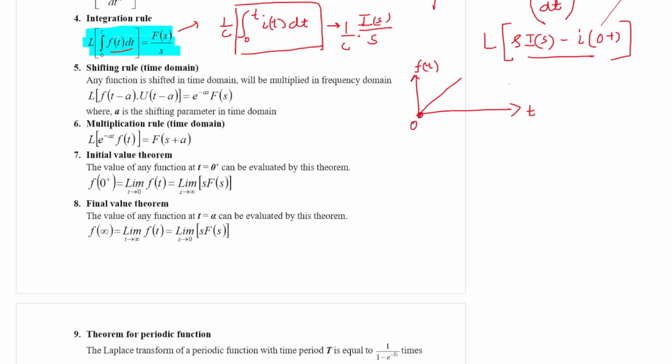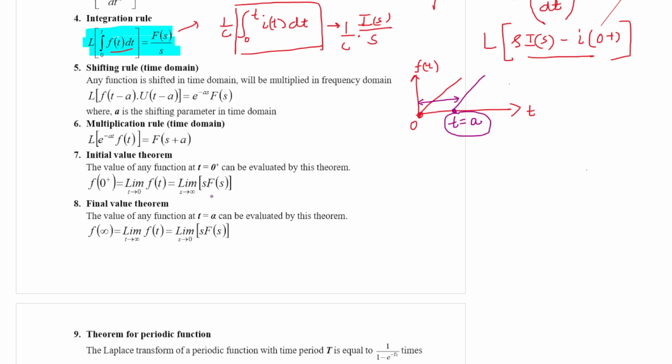It starts from 0. Now instead of starting from 0, if that function starts from some other point, let us say t is equal to some other point a, then actually it is shifted. The same signal is time shifted by this amount, t is equal to a.